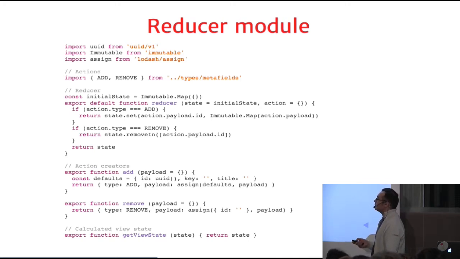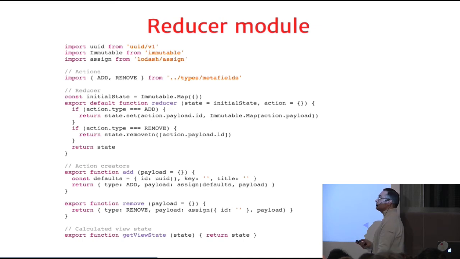This is my personal preference. I prefer to have some kind of default inside the action creator to hint at the structure of the action payload. And also here, as you can see, I'm generating a unique ID automatically inside the action creator for any metafills that I'm going to add.